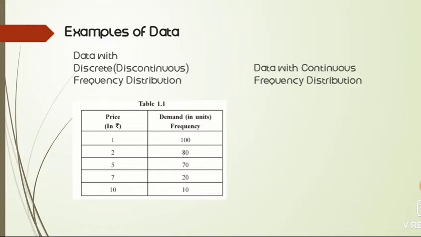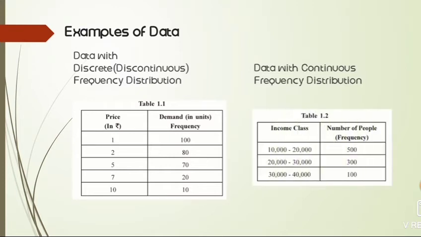Whereas coming to the second point, data with continuous frequency distribution, our example is in table 1.2. Here income class is given in one column and number of people in the second column. Here there is a range. As I told you in graphs, there are ranges and class intervals. Here, 10,000 to 20,000, how many income earners are there? There are 500 income earners. 20,000 to 30,000, there are 300 income earners.